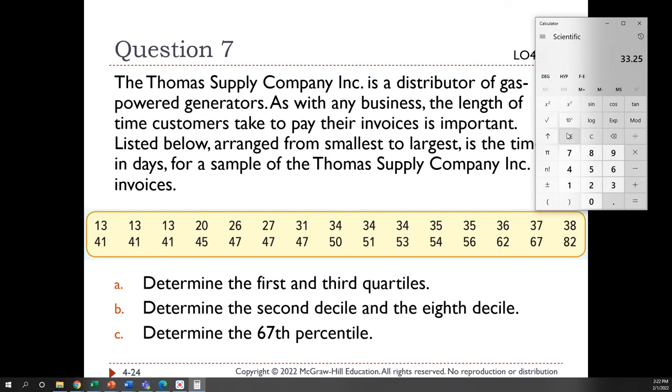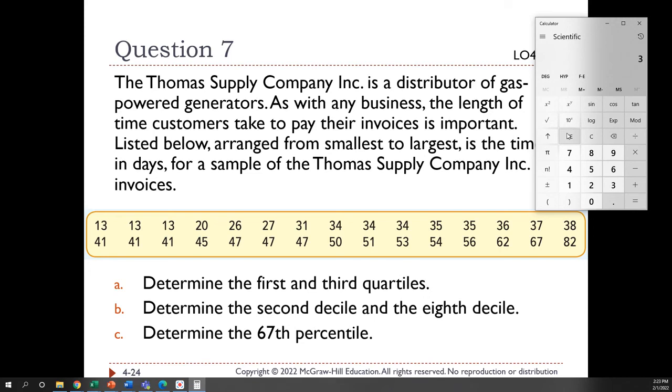To determine this when it's a percentage, it's 7.75. That was our number that we had to find, which number falls there. So we have to take 34, the high number between the two, minus 31, which gives us 3.